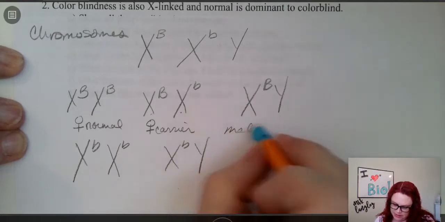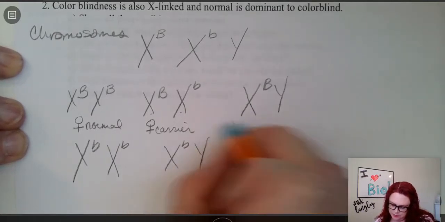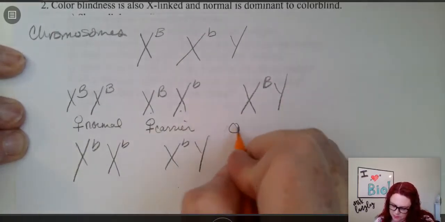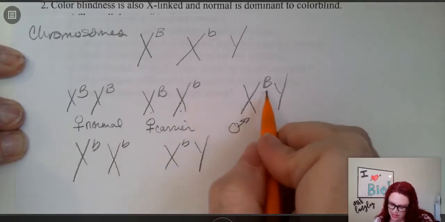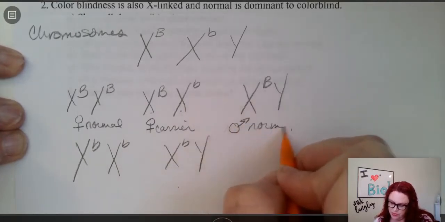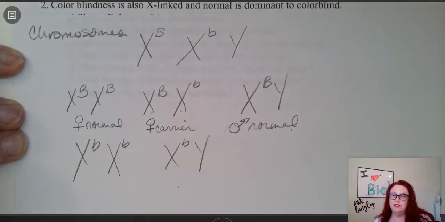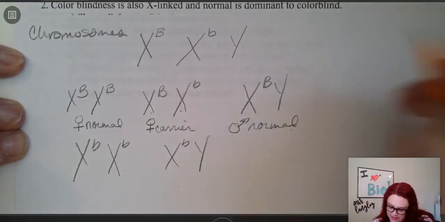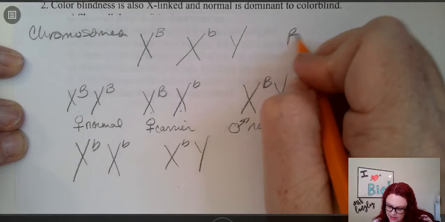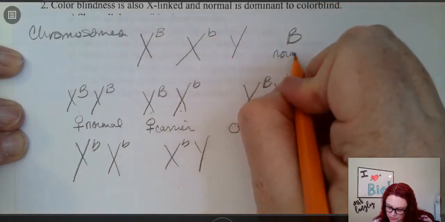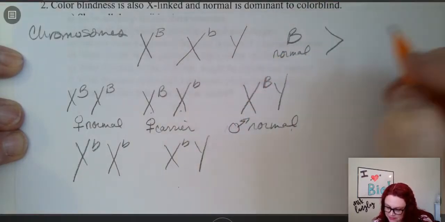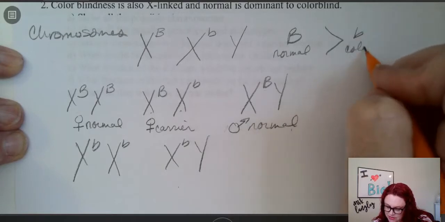I guess I could be consistent and use my symbols. We'll go symbol male, and it has normal vision. Okay, and that's because it told us that normal is dominant to colorblind.